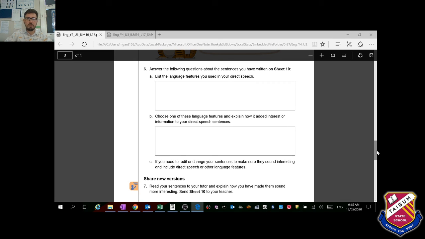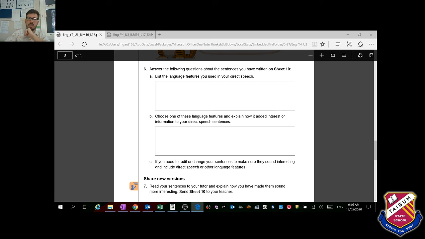Now, number 6, answer the following questions about the sentences you have written on sheet 10. List all the language features that you used. So that means noun groups, saying verbs, adverbs, adjectives. Okay? List them all there. Choose one of these language features and explain how it added interest or information to your direct speech sentences.